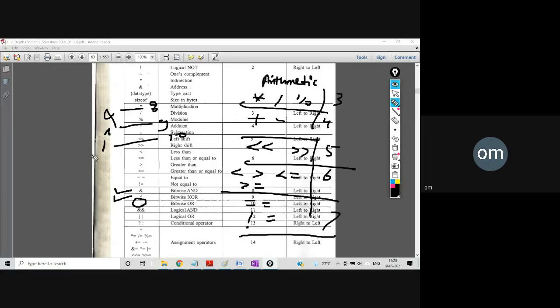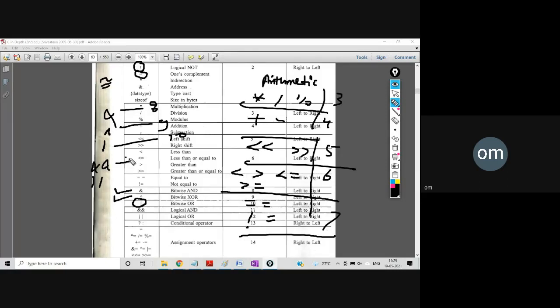Then after that, logical, Lallu, is there, right? Bachchan and Lallu. So L, logical. The logical AND has a different precedence, and logical OR has a different precedence. So two operators are there, logical AND and logical OR, right? Because the negation of bitwise I covered in unary, and the logical NOT I have also covered in the unary operators here. So the AND and OR have different precedence levels.